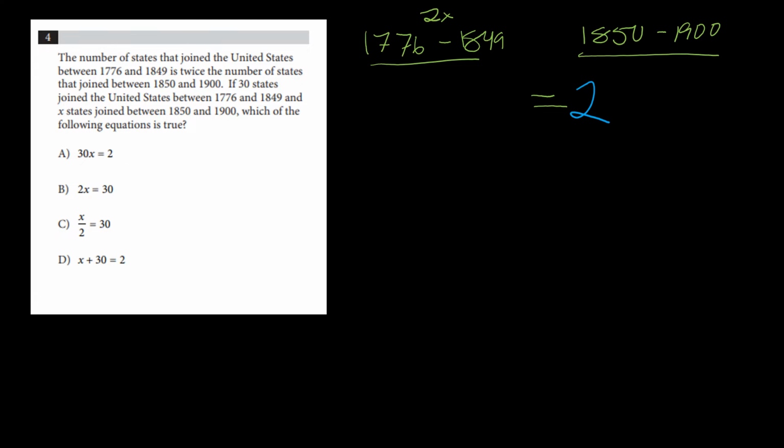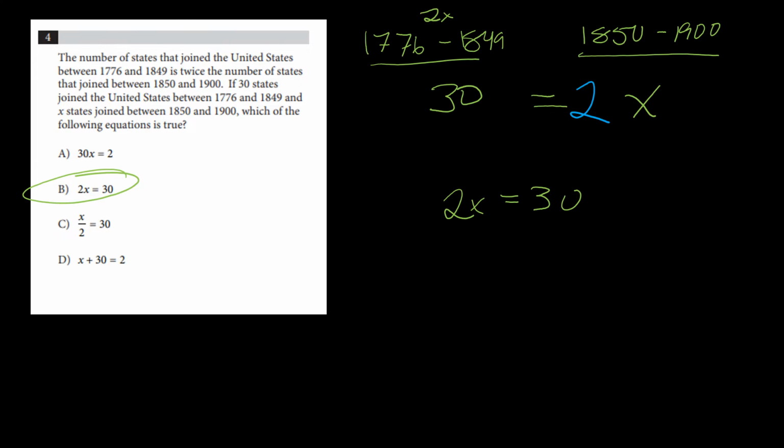And then that means if we have 30 joining between 1776 and 1849, and x joining over here, our equation is simply 2x equals 30. Answer choice B. Sounds good.